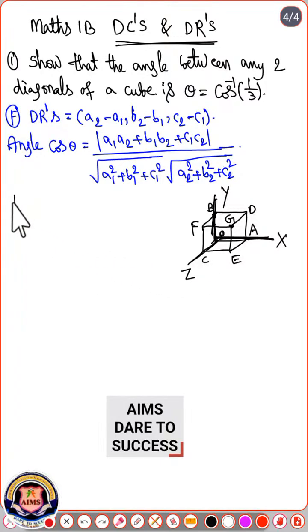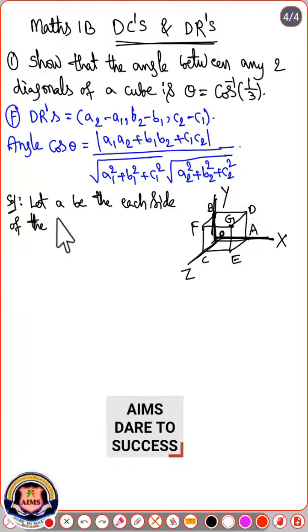So first of all, start the solution. Let small a be the length of each side of the cube.